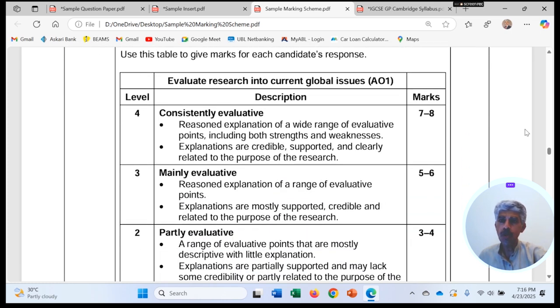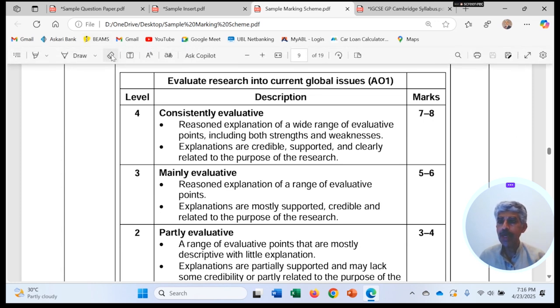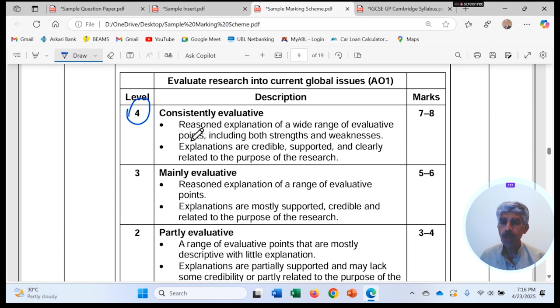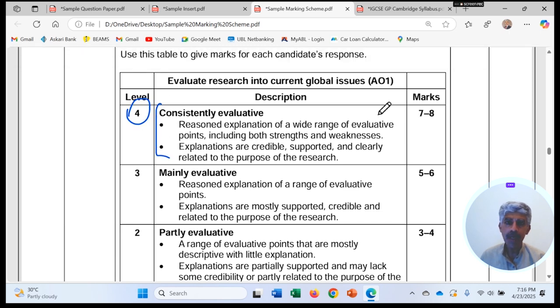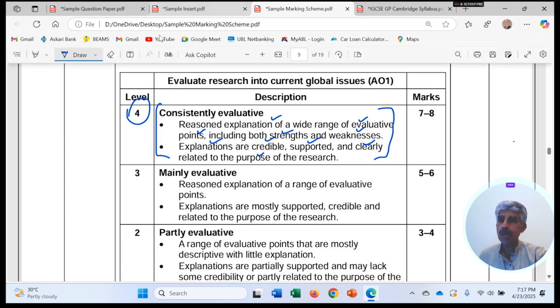You are supposed to focus on the highest level, level number 4, and keep in mind this thing to attempt this question: reasoned explanation of a wide range of evaluative points, including both strengths and weaknesses. Explanations are credible, supported, and clearly related to the purpose of the research given in that particular source.